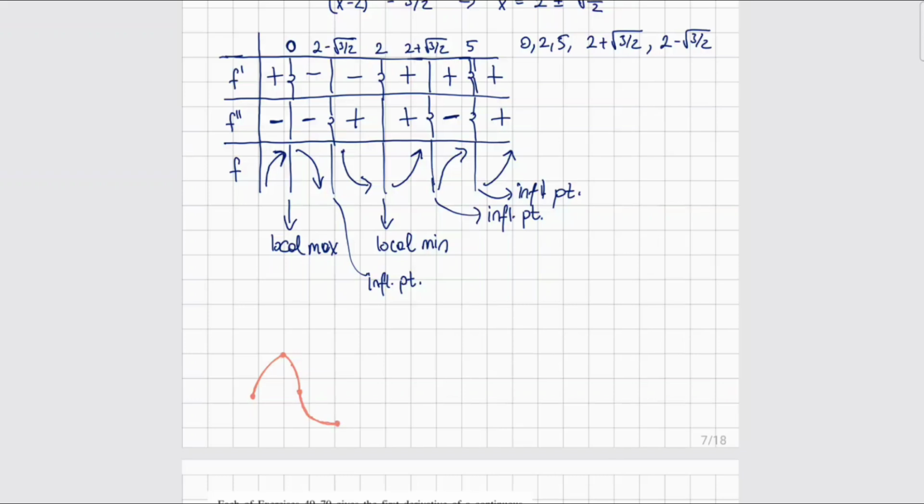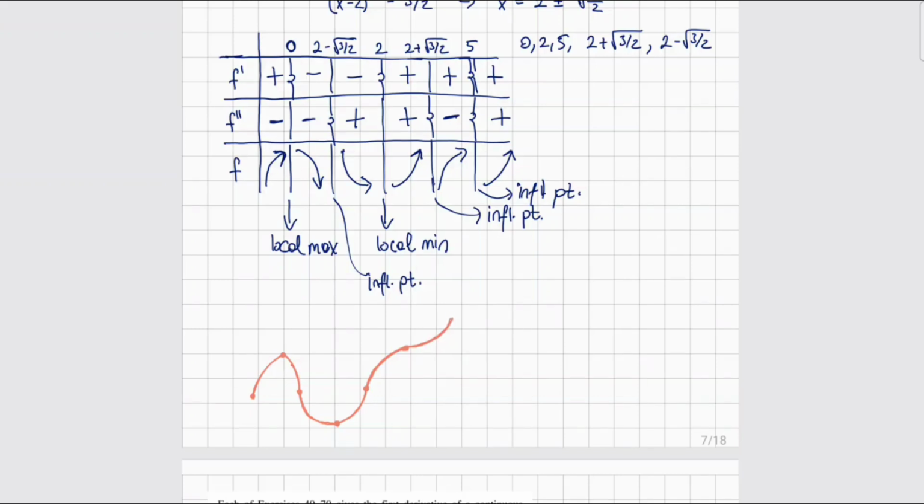Great. Now we come to the point x equal to 2. We have a local minimum here, and after that, we are going to increase with concave up. After that, we have another inflection point. Great. And we came to the x equal to 5 part, the horizontal flat spot, with our inflection point like that.